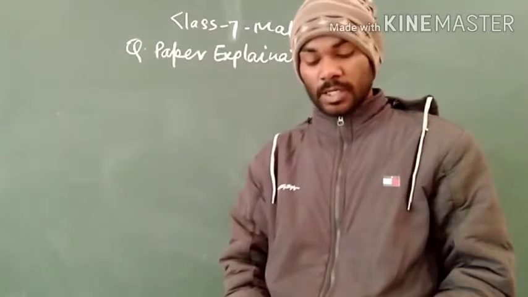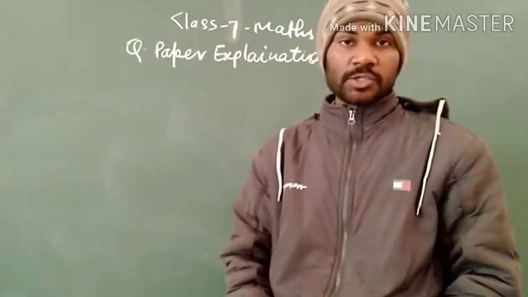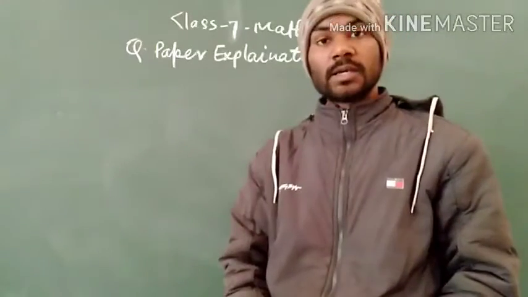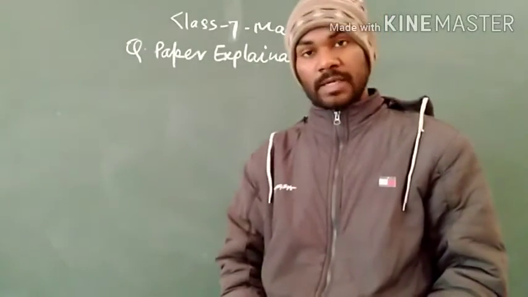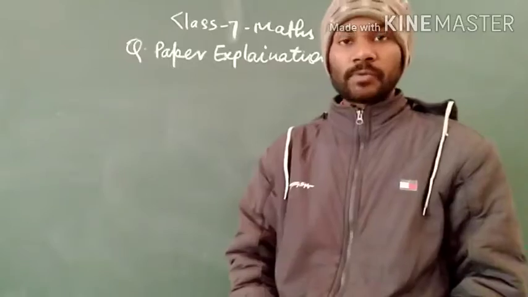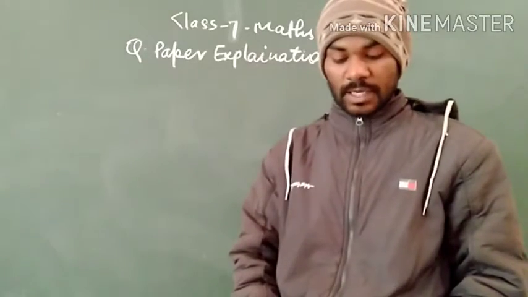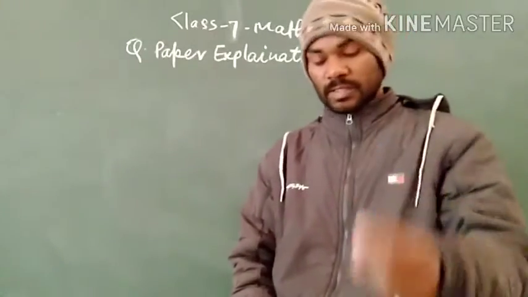In question number 3, you have to decide which statement is true and which is not. The statement which is true, you write true, and the statement which is not true, you write false. So these are the questions from section A.